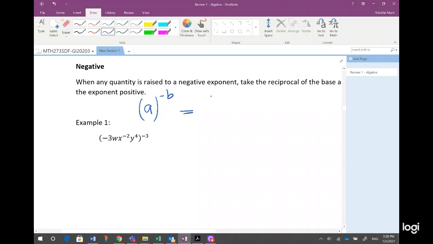Oh, okay. So it's 1 over a power b. And then go further and then continue. That's my recommendation. So flip inside and then change the power to positive, and then continue. This is one method.